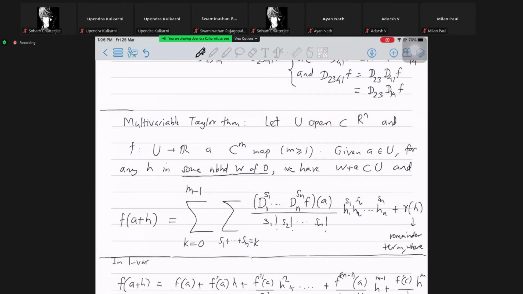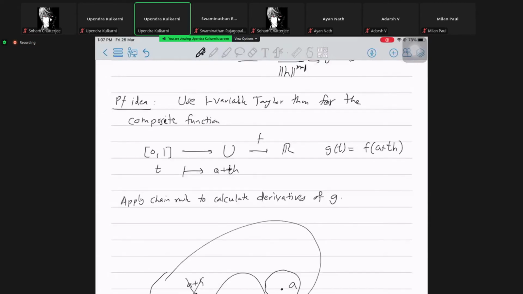So we need convexity only because it becomes simpler in the proof to use a line between A and B. Is that correct? You could use some other curve. Yes, you could. But then, what does it mean to use the chain rule? That means I have to calculate the derivative of each function. What is the derivative of the first function, A plus tH?